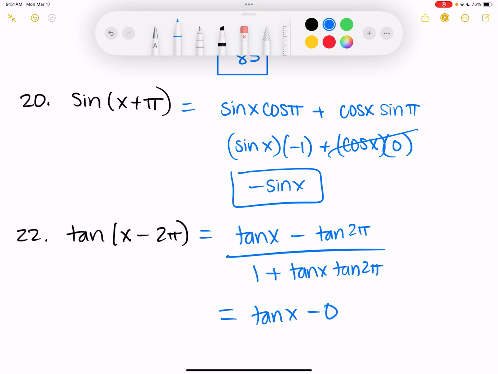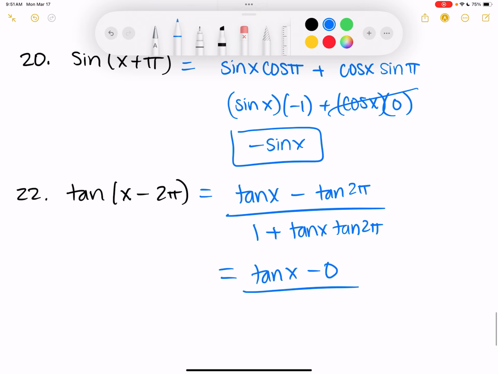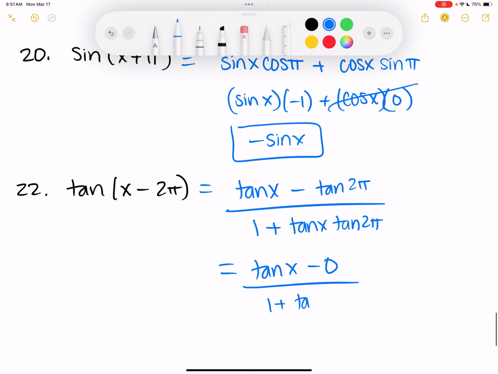So this is tangent of x minus 0 over 1 plus tangent of x times 0. I'm just writing it out so that you can see it. I normally would just get rid of the 0 stuff. So the minus 0 is gone. Tangent of x times 0 is gone. So it's tangent of x.